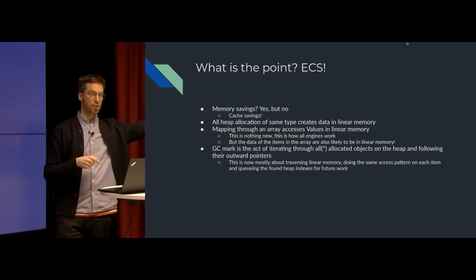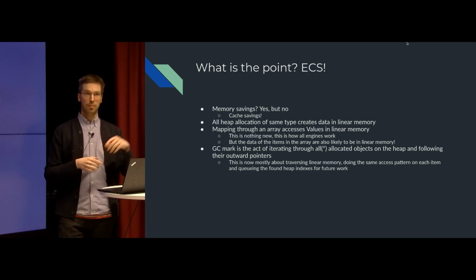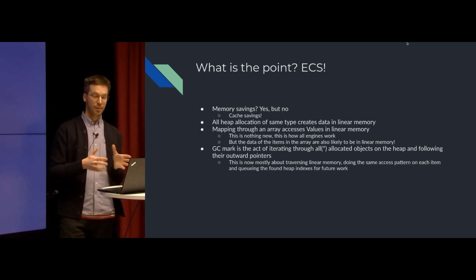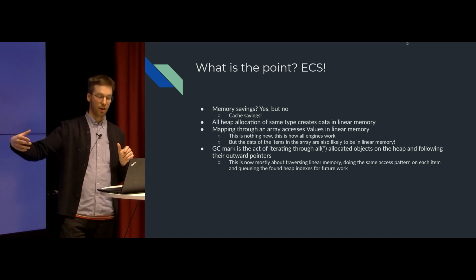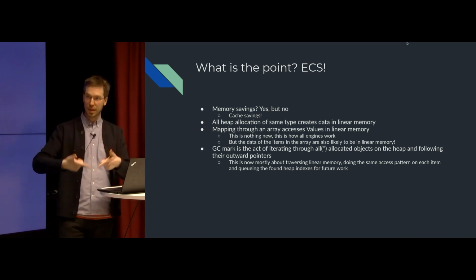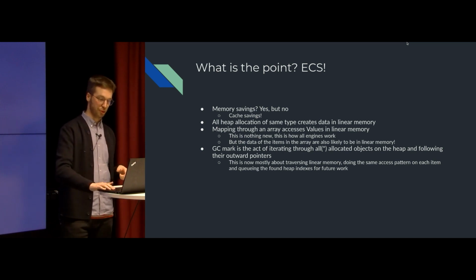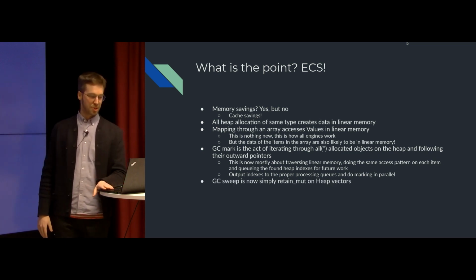We make sure that we know that we should look at that later. We check its properties, and we make sure to know that we should check those later. And we go through all the objects that we have marked so far, queue up these indexes for future work, and then we repeat if we still have more work to do. We put the output indexes into queues and so on.